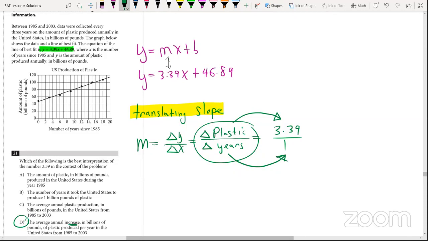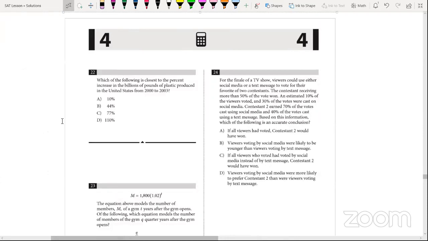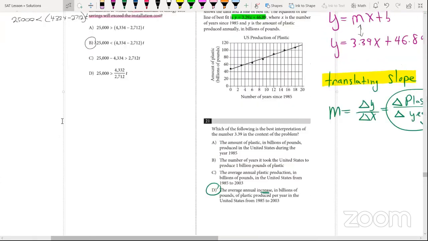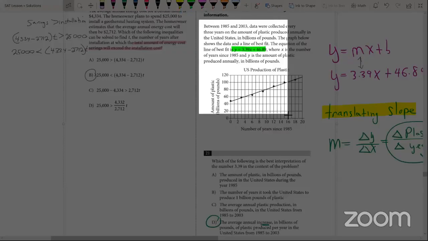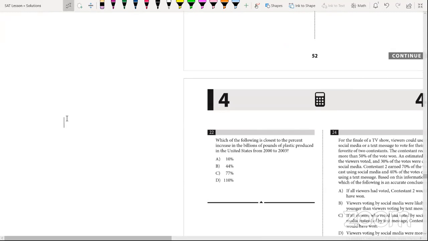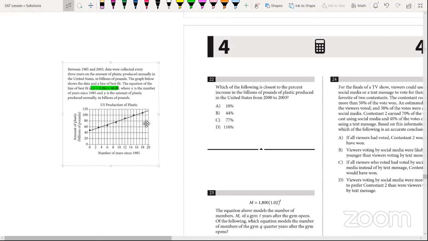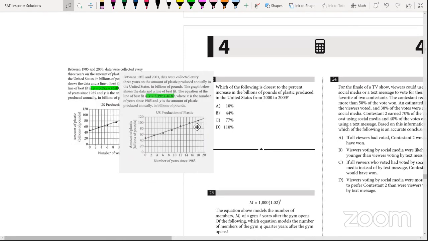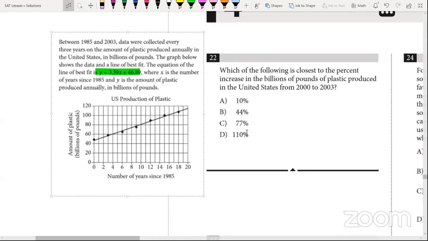And now we're going to question 22. We'll go ahead and just bring this graph in so we can see the question next to the graph. Which of the following is closest to the percent increase in the billions of pounds of plastic produced in the United States in this time frame?